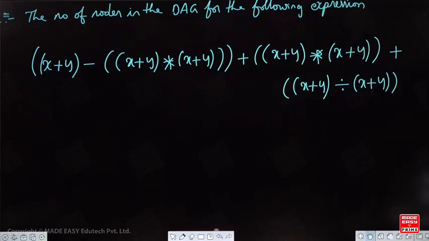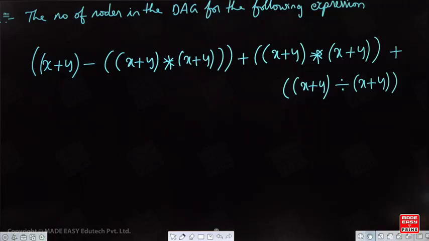What I mean to say is, based on the priority only we are constructing the DAG. Associativity is not required, but of course for A minus B minus C, definitely there will be a difference.